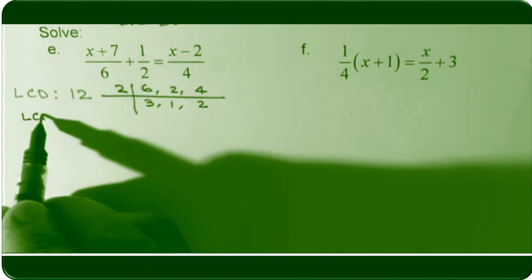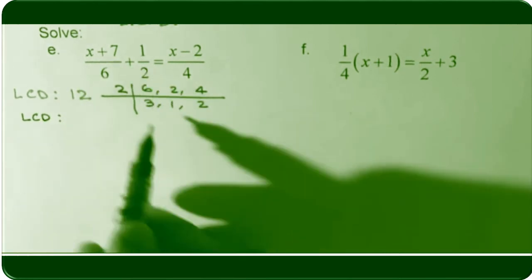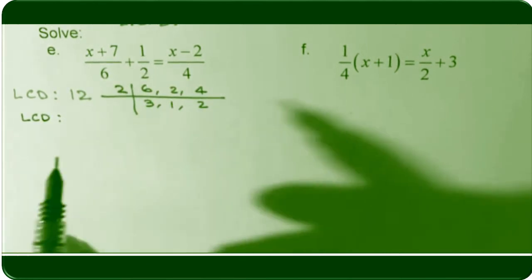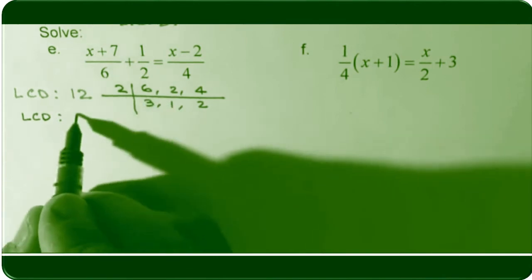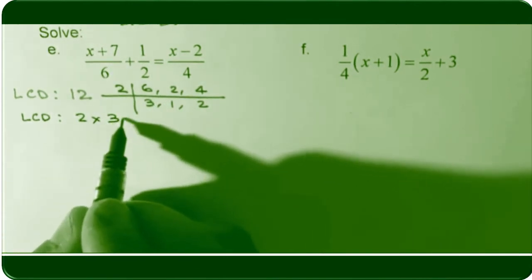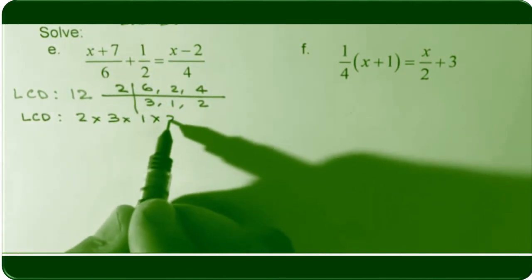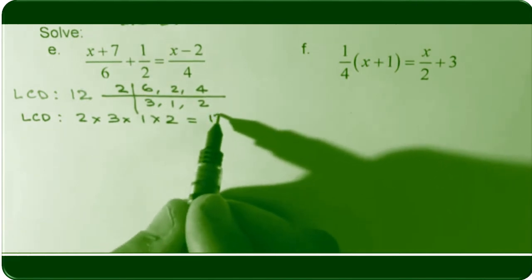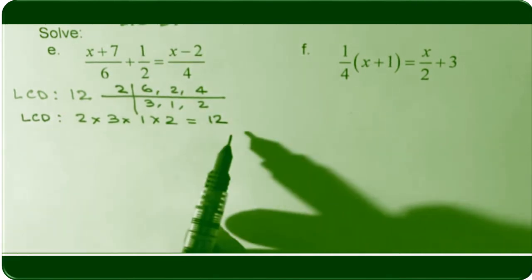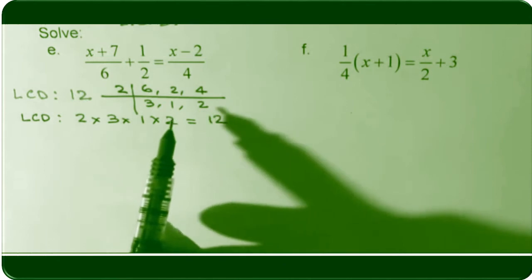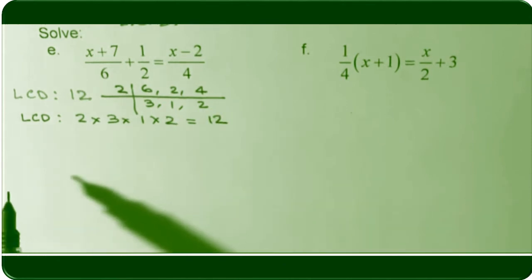So 1 is left with this number. So the lowest common multiple, I should say, is 2 times 3 times 1 times 2, which is 12. So that is the technique of finding the lowest common denominator.